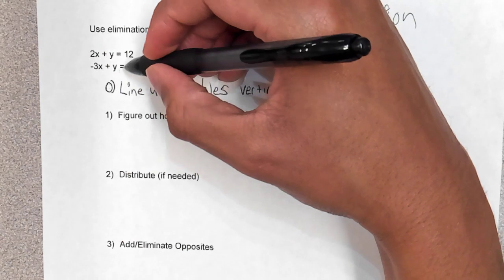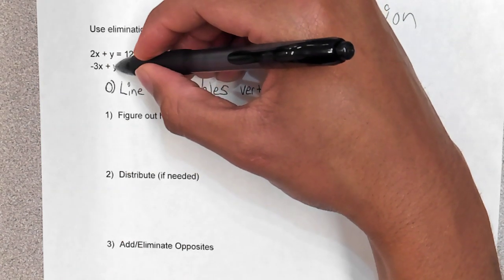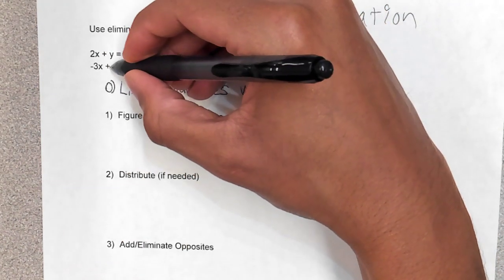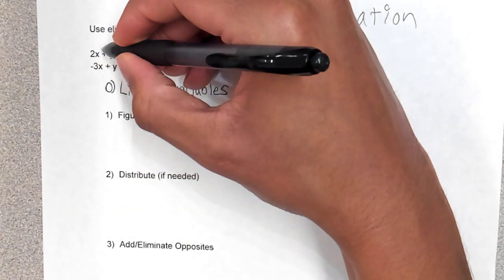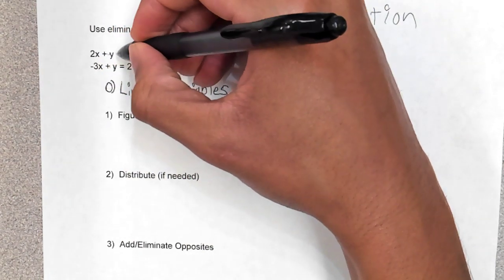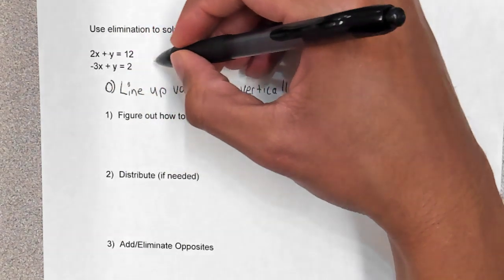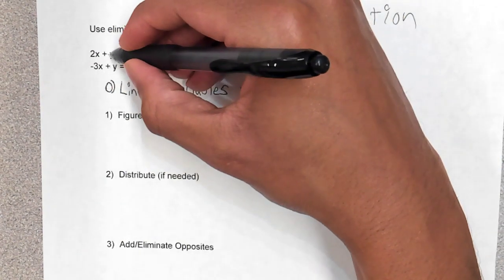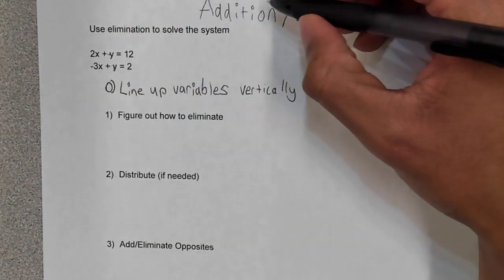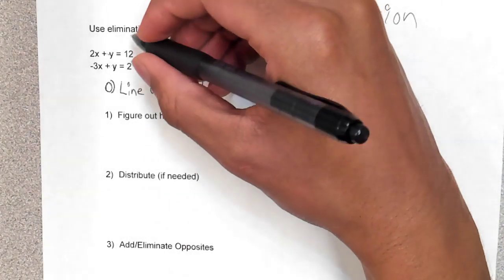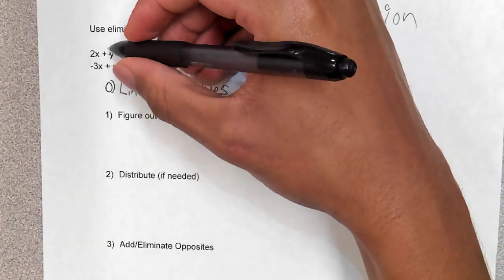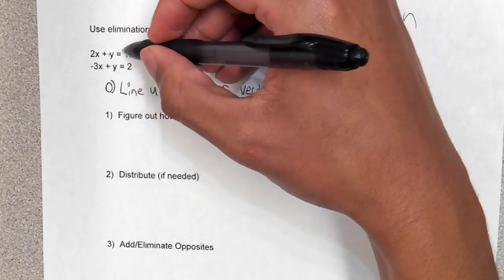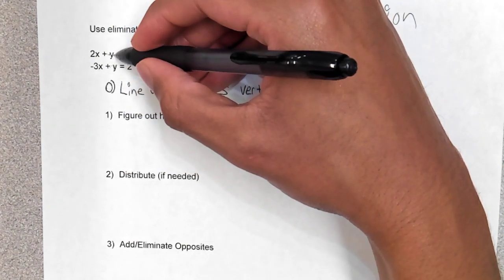The way we can eliminate is if we can turn this y into a negative y. So when we add these 2 equations together, you'll get y plus negative y. Y plus negative y is 0, they cancel out, and then we're able to easily solve for x after we've canceled out that y variable.